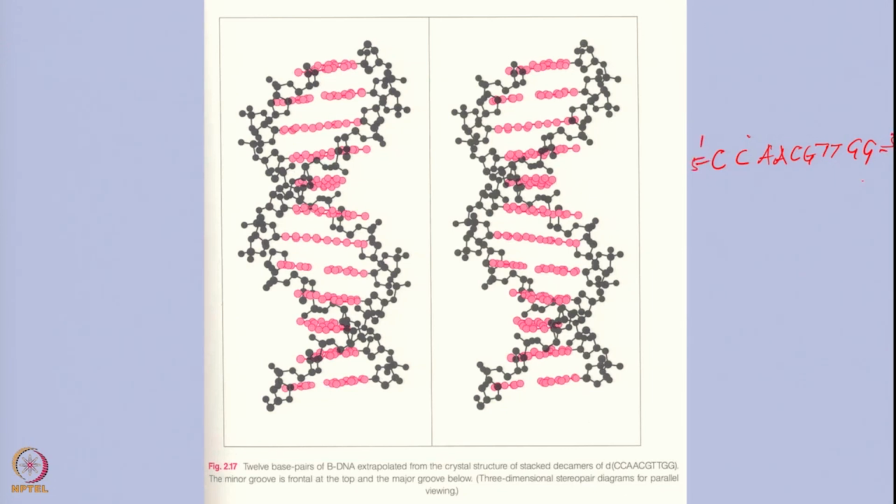Now, what I do, I write the same sequence here back, CCAACGTTGG. So this is the 3' and this is the 5'. You see, I have written the same sequence twice.